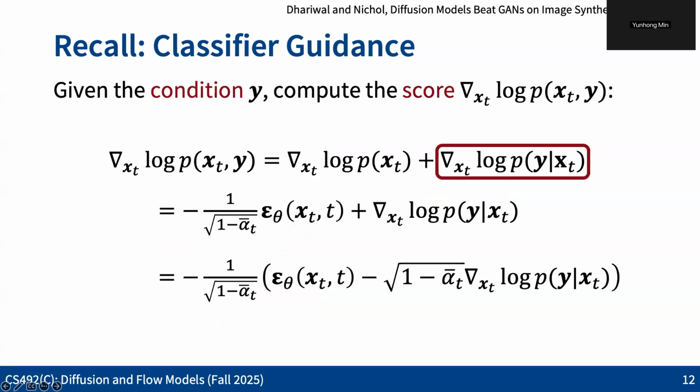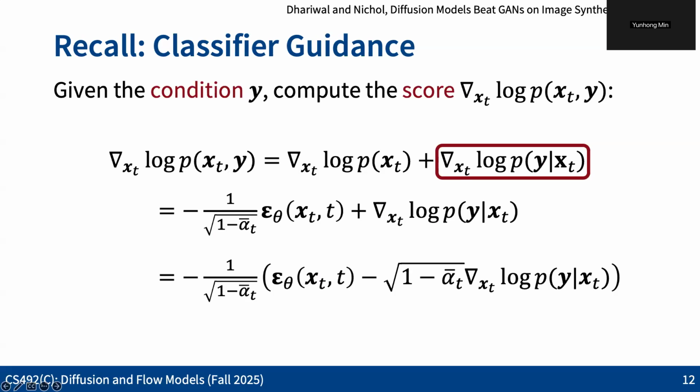Yeah, classifier guidance and classifier-free guidance was the case where we are injecting guidance. Basically, it's all about computing the predicted score and performing the reverse process based on the score information. And what we have seen last time for classifier guidance is that, given the condition, now we want to compute the score for the joint probability here, right?